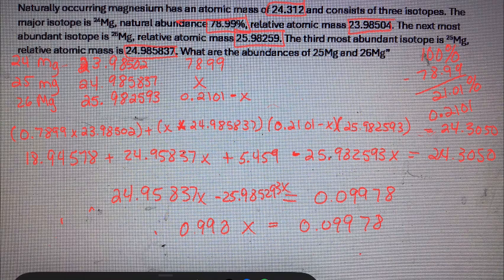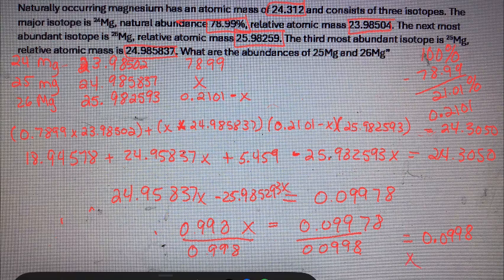Now, to be able to get rid of that, what we need to do is divide it out. And x is going to equal, hopefully my math is correct, 0.09978. That is going to equal your x.